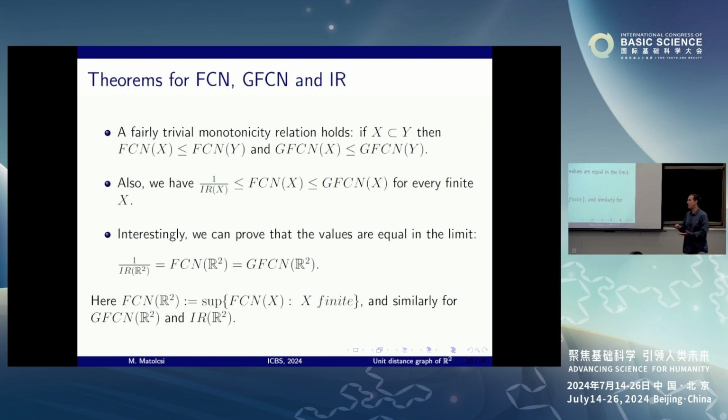Either it stays the same or it grows. So there is a monotonically increasing order here. And we also have, for every finite graph, as we saw in one of the first slides, that 1 over independence ratio is less than the fractional chromatic number, and it's less than the geometric fractional chromatic number. So these two are fairly trivial. But in the limit, it's not so trivial that these things actually become equal.